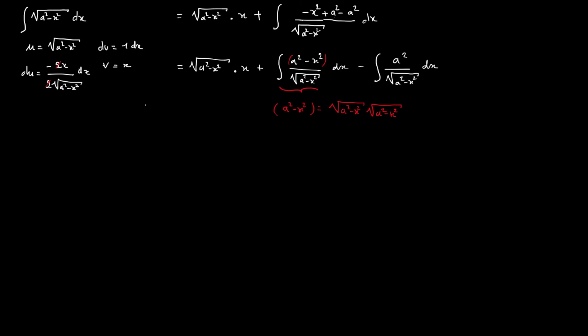If we rewrite this now, we find the square root of a squared minus x squared times x, and then, cancelling out, the integral of the square root of a squared minus x squared.